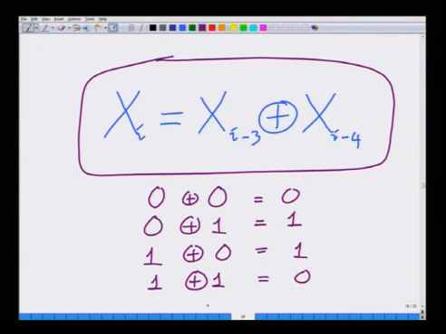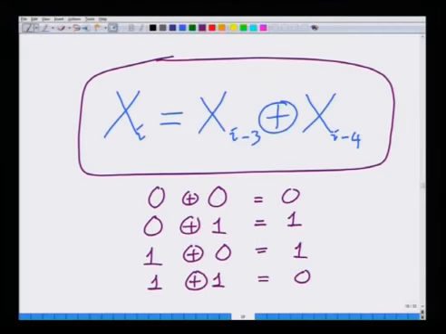So if both inputs to the XOR, xi minus 3 and xi minus 4, are either 0 or 1, then the output is 0. If one of them is 0 and the other is 1, that is 0 and 1 or 1 and 0, then the output is 1. This is something like a parity: if it has even parity, the output is 0; if it has odd parity, the output is 1. So this XOR is something like a parity operation.